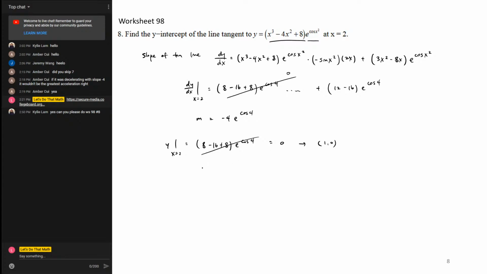So our function of our line then is y minus 0 is equal to our slope times x minus 1. That's y is equal to negative 4 e to the cosine of 4 times x, and then plus 4 e to the cosine of 4. So this here is going to be our y-intercept. So the y-intercept is 0, 4 e to the cosine of 4.